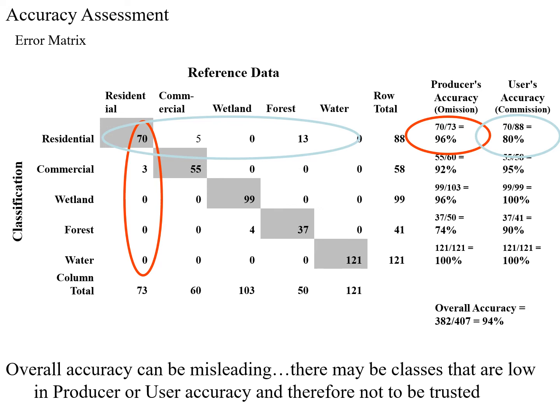And don't let an overall accuracy fool you into thinking that the map is reliable, because it's literally the oldest trick in the book to say, oh, I'm going to put in a whole bunch of water points or cloud points and count those toward my overall classification. And that's going to hide a bunch of errors in my other classes.